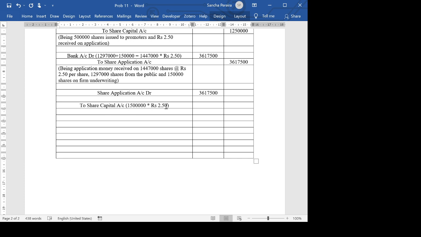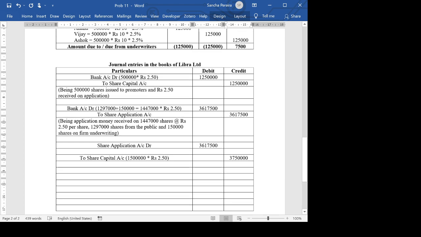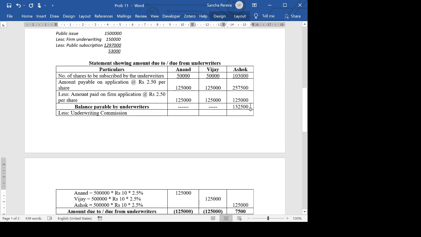Now if I multiply 15 lakhs into 2.50, it comes to 37 lakhs 50,000. Now the question is, who's going to cover this difference? If you check, always the balance payable by underwriters, 1,32,500.